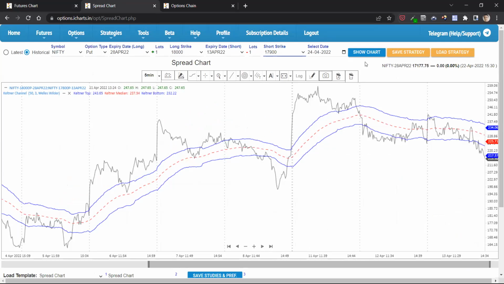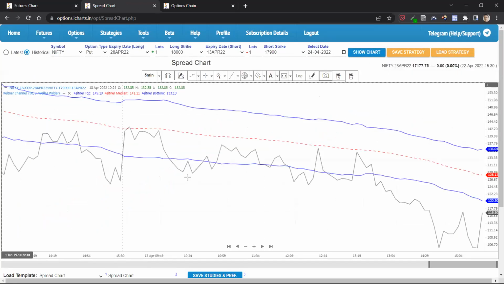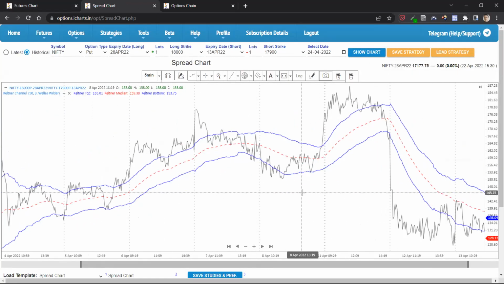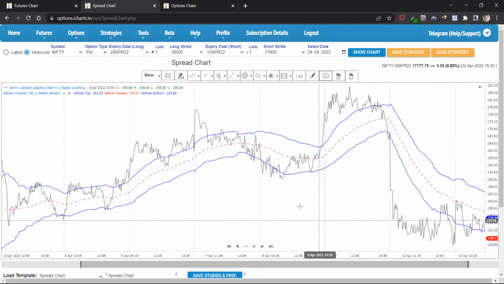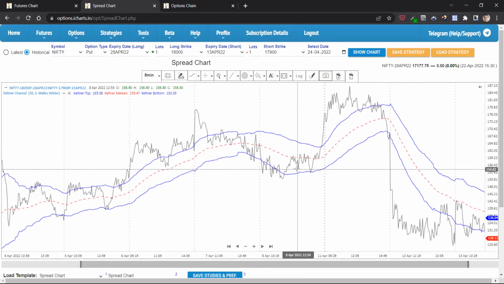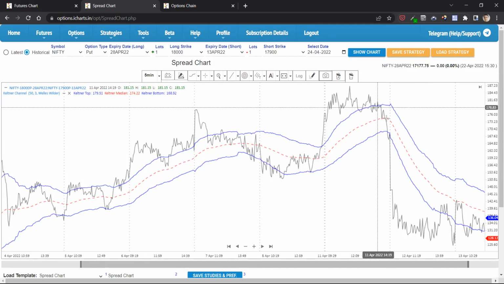This was on 8th, 12:30 approximately, and this is fine. You can keep this, or you can go even further. As long as we are within the bands or above the bands, we are fine. You can even go to 18 calendar also, but this works fine.